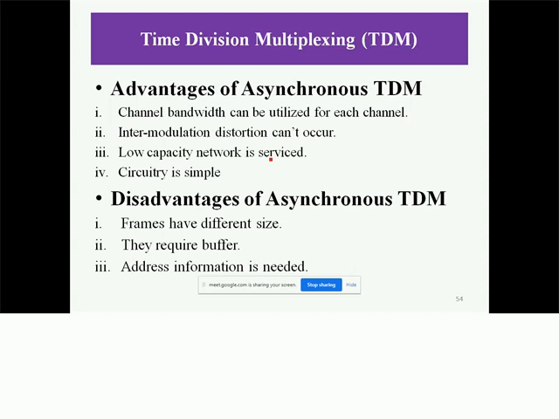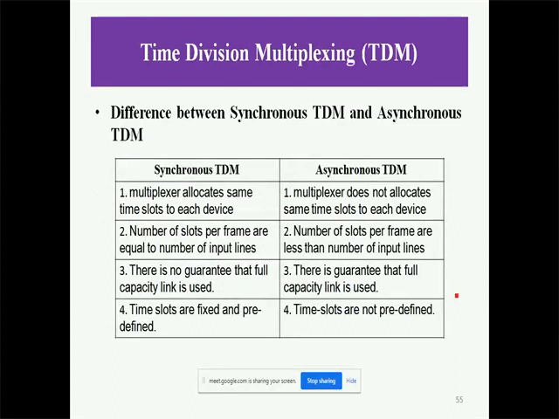The disadvantage of asynchronous TDM is that frames have different sizes, they require buffers, and address information is needed. In summary, the difference between synchronous and asynchronous TDM is that in synchronous TDM the multiplexer allocates the same time slot to each device, but in asynchronous TDM it does not.